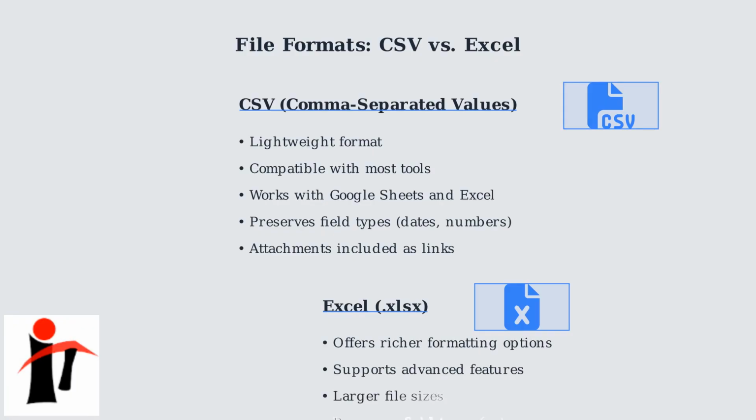Like CSV, Excel preserves field types and includes attachments as links. However, its enhanced formatting capabilities make it better for more complex data presentation. When exporting from Podio, choose the format that best suits your needs and the capabilities of the system you're importing into. Now let's examine the permissions required for exporting data from Podio and the key limitations to be aware of.